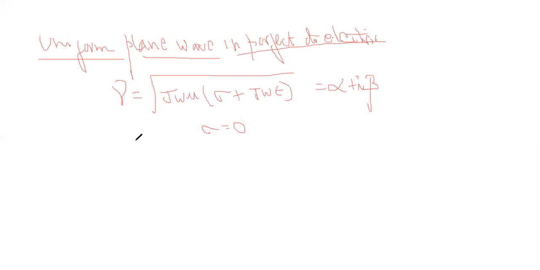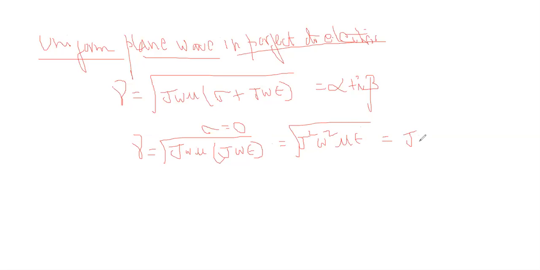Perfect dielectric means gamma is equal to the square root of j omega mu, and sigma is 0 means we have only the j omega epsilon. That becomes the square root of j square omega square mu epsilon, which is equal to j omega square root of mu epsilon.